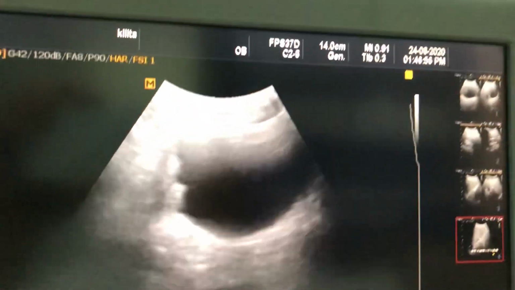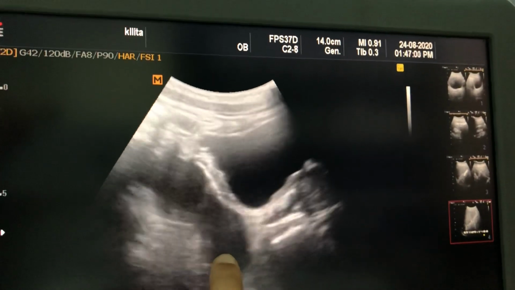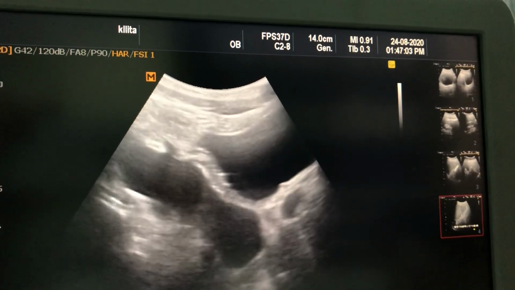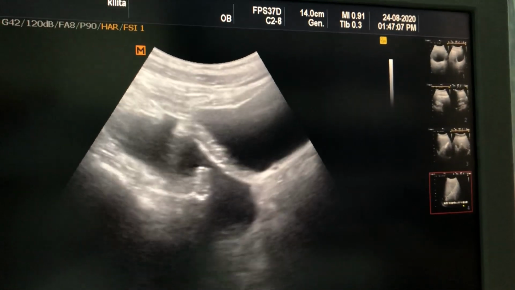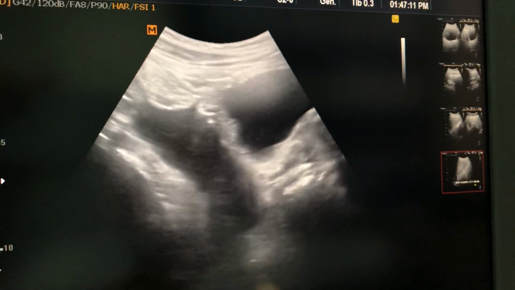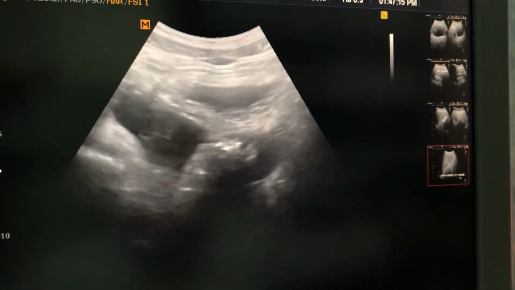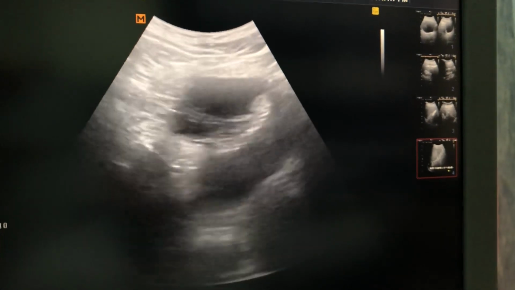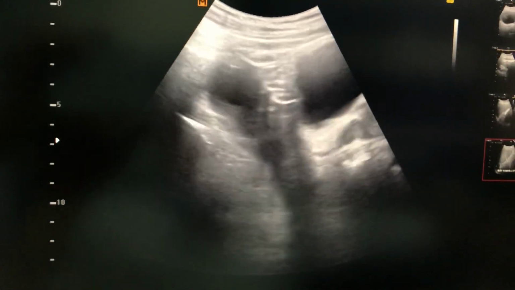And there is echogenic fluid in the pelvis also here. This is due to the pancreatic injury, pancreatitis, fluid collection. This fluid is also echogenic due to elevated serum amylase and lipase, pancreatitis.